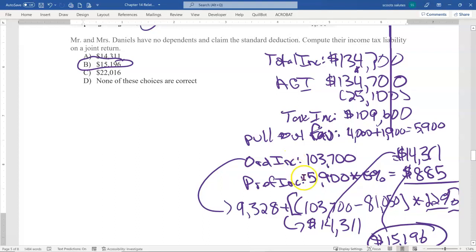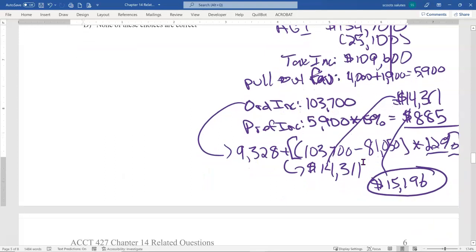On the other side of it, we took the $5,900 out of the taxable income of $109,600, and that left us with income to be taxed at ordinary rates of $103,700. So using the formula, it started out with 9,328. Make sure we're in the married filing jointly, and we add the 22% of the amount.